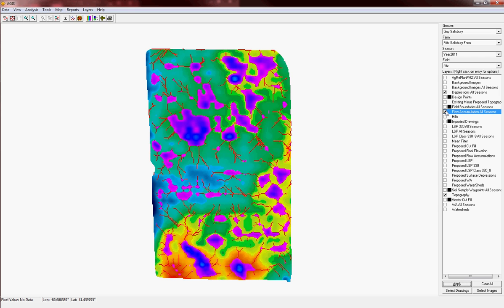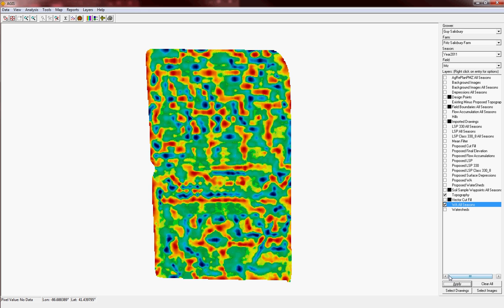Now, if I shut off flow accumulation and depressions, and I turn on WA, okay, this is the accumulated wetness index. And what this is showing us is that wherever it's blue and green, there's a high probability water's going to go there. Okay, and you can kind of see pretty readily what and where and how your depressions are laid out.